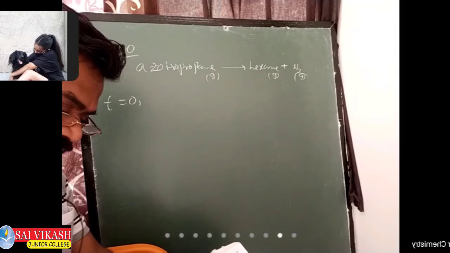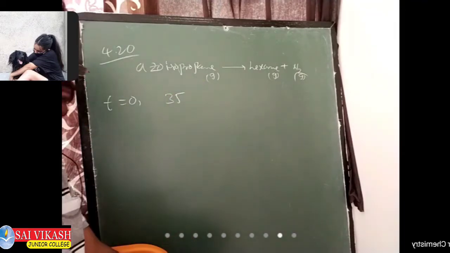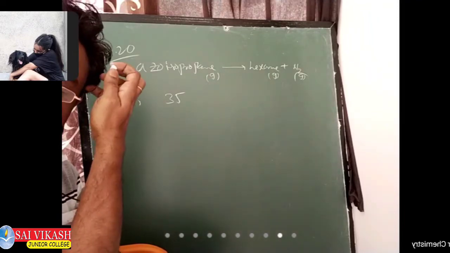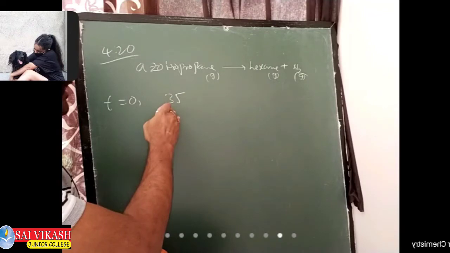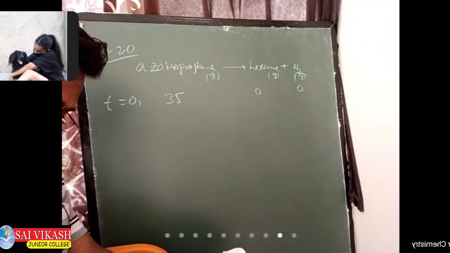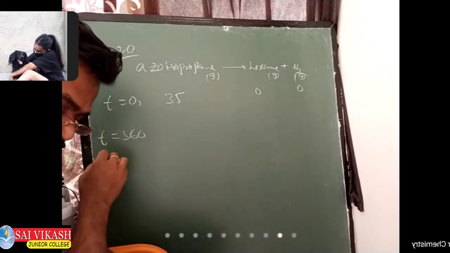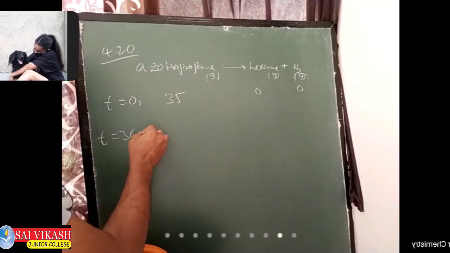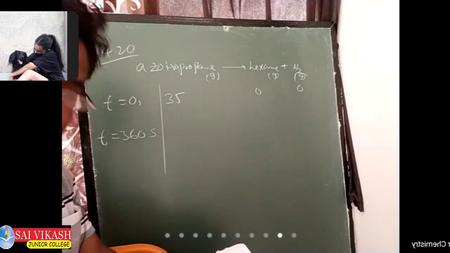So initially the pressure was 35 mm only. This is a very important model. Listen everybody. This is time zero. If they give 35 mm, so this will be 0, 0. And at time 360 seconds, what they gave is the pressure 54.